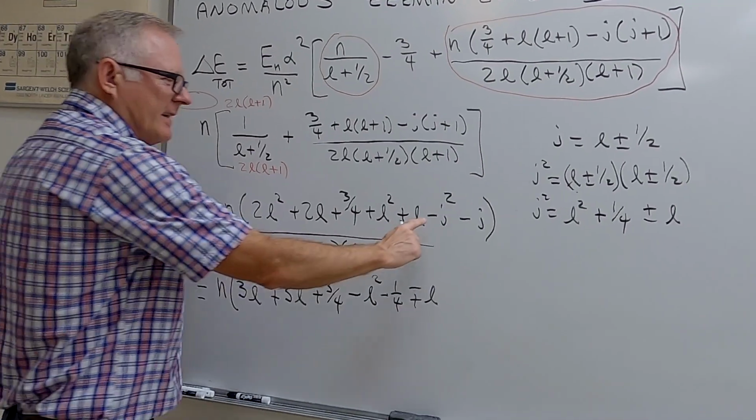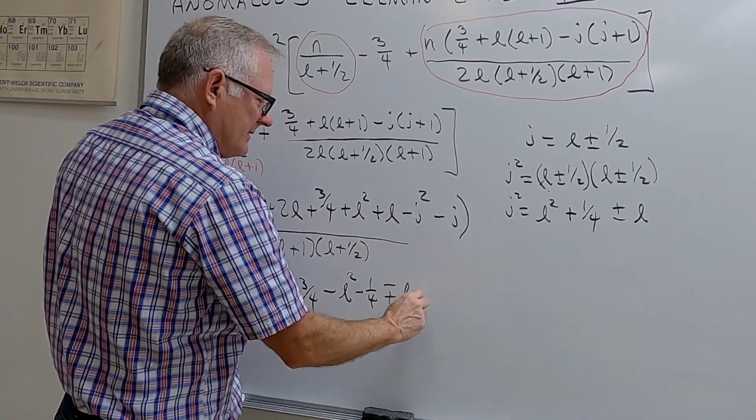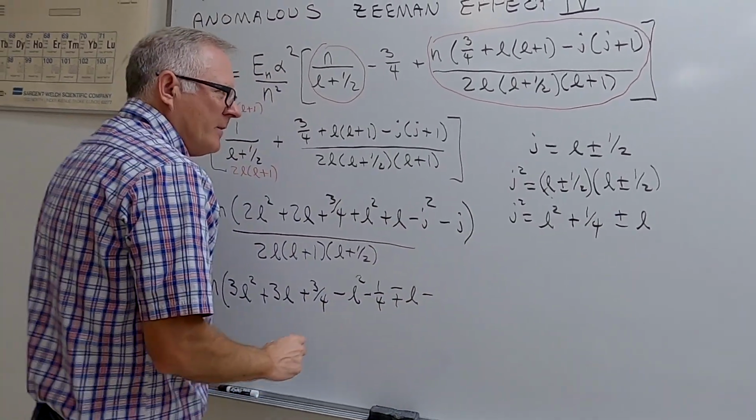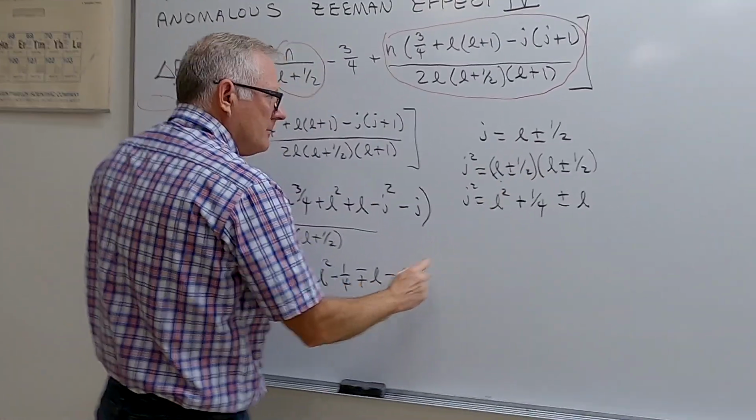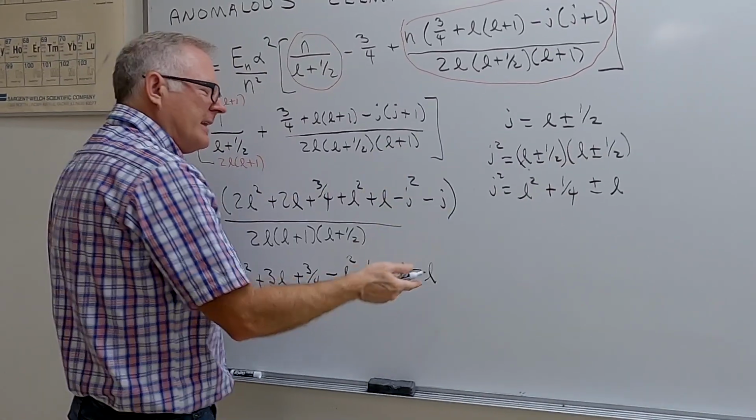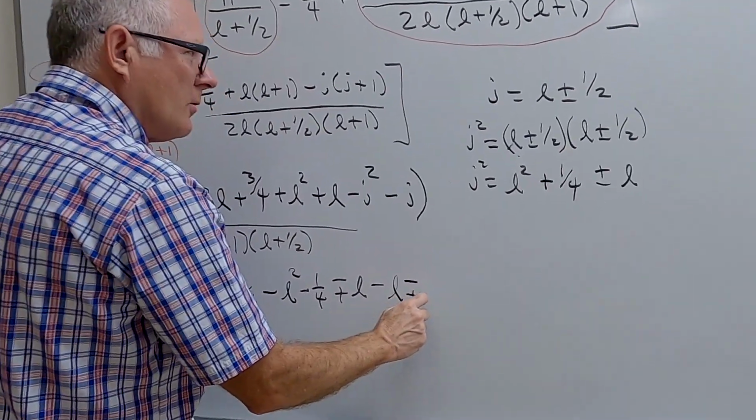Okay, so that's this right here, and then we've got minus J. Well, minus J would just be minus L, and then multiplying that by plus or minus is minus plus 1/2.